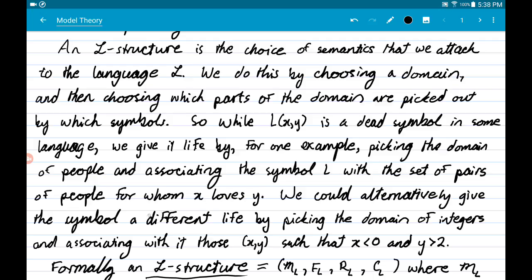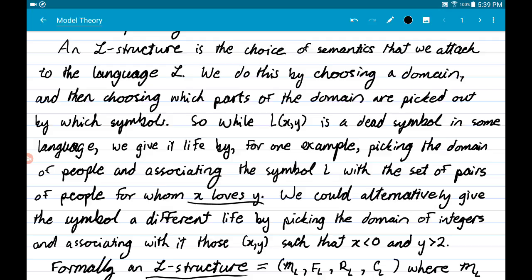So, talk about x's and y's. x anything out of the domain, y anything out of the domain, so then the pair xy is an element out of the Cartesian product of the domain with itself, right?